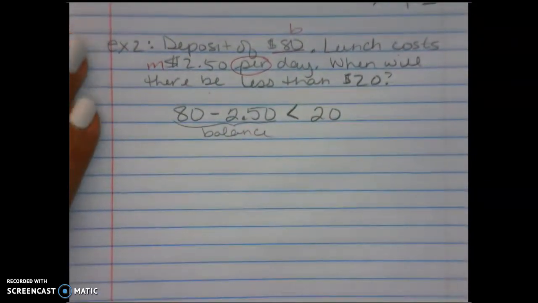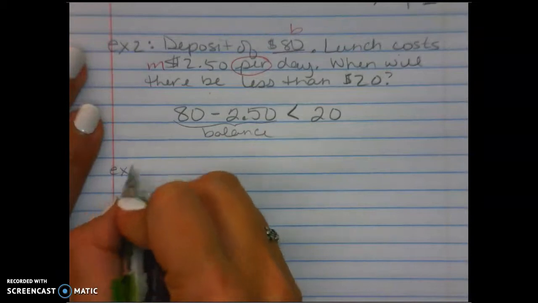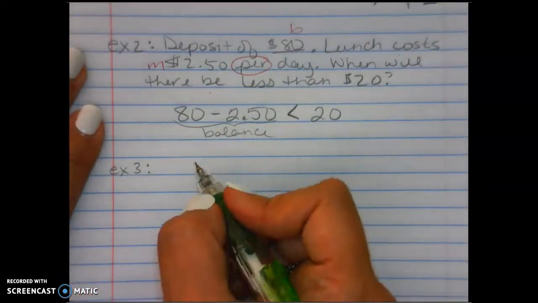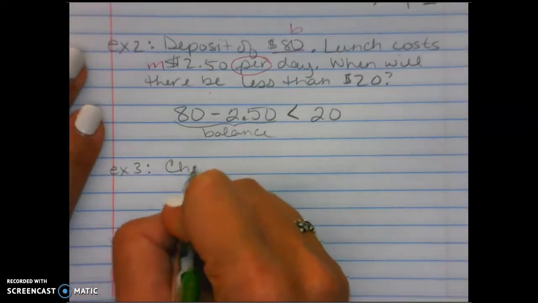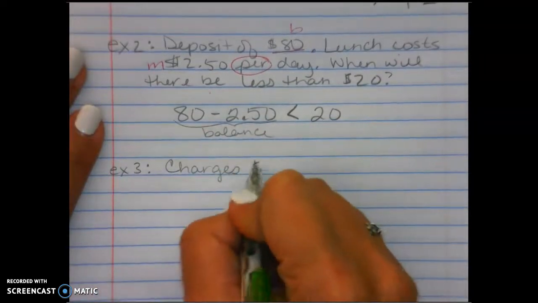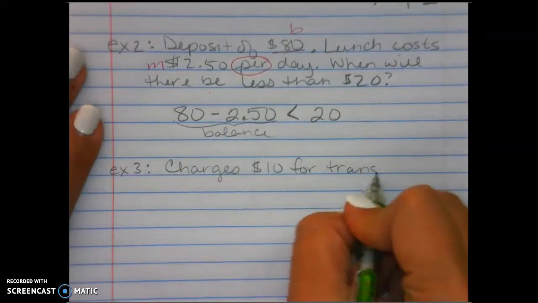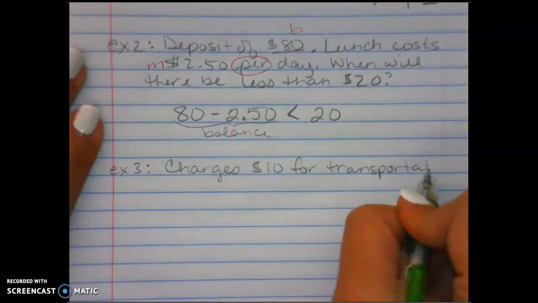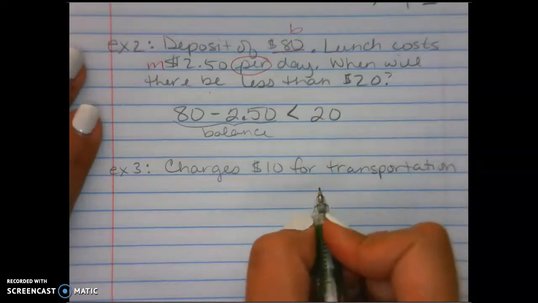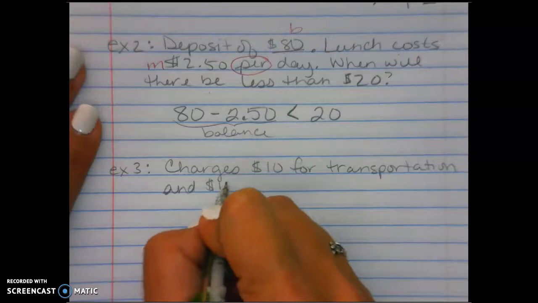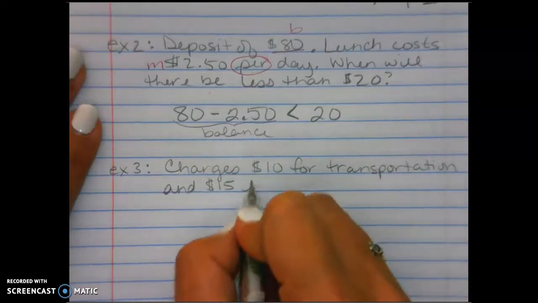Michelle, I'm going to write 2 for you to practice, and then we're going to talk about them in class. So Michelle babysits on weekends in her neighborhood. She charges $10 for transportation and $15 for each hour.